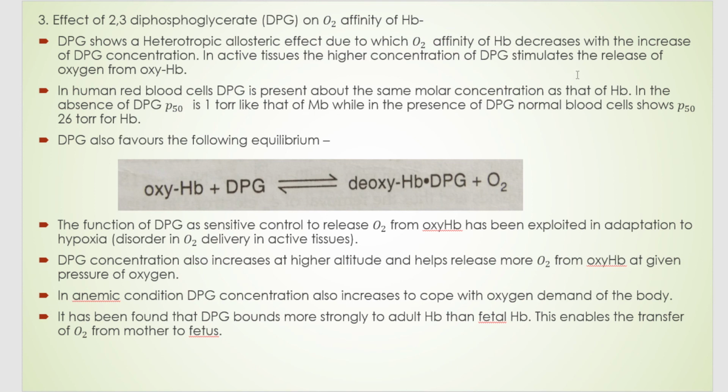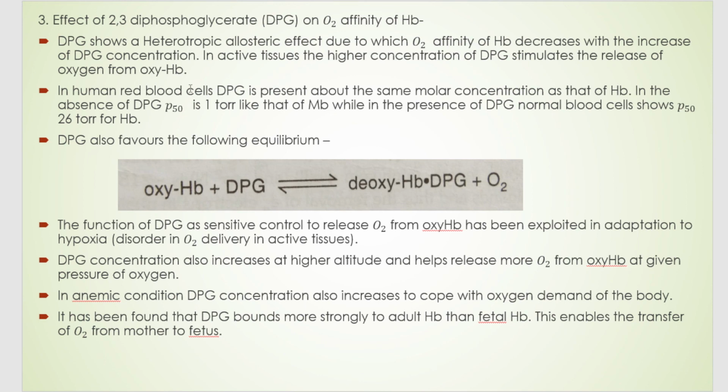That means that when there is a high concentration of DPG, the oxygen affinity of hemoglobin decreases. That is, hemoglobin releases the oxygen and becomes deoxyhemoglobin and binds to DPG whenever there is a high concentration of DPG. So, in active tissues, when there is a high concentration of DPG, it stimulates the release of oxygen from the oxyhemoglobin.